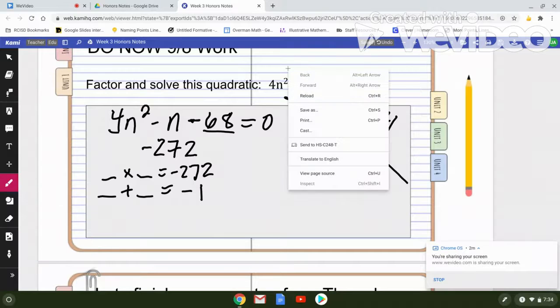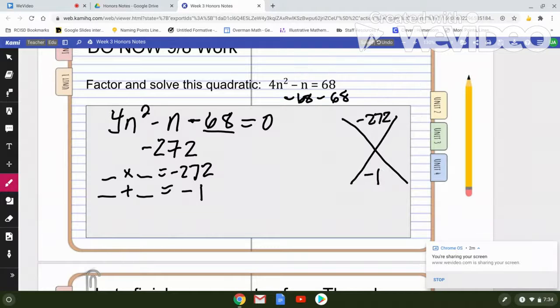If we think about all the multiples of negative 272, we get negative 17 times 16. Negative 17 times 16 is negative 272, and negative 17 plus 16 is negative 1. So you put those factors over here.